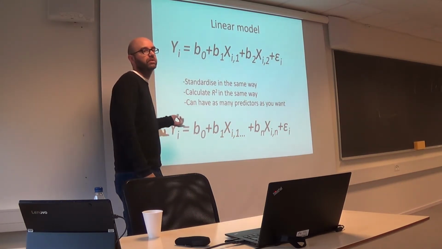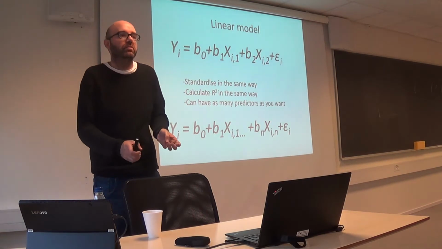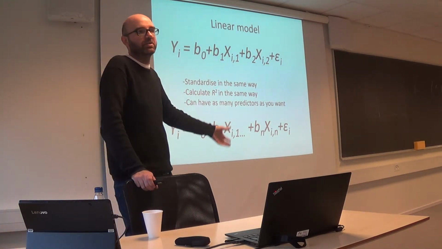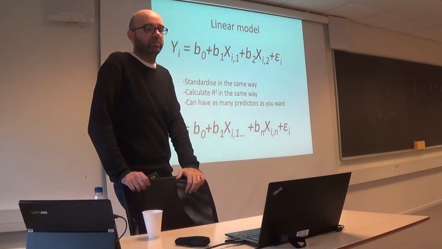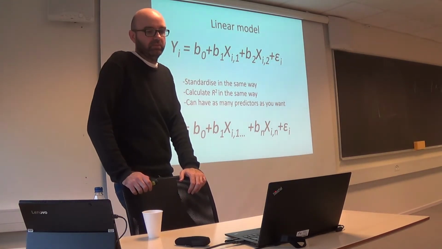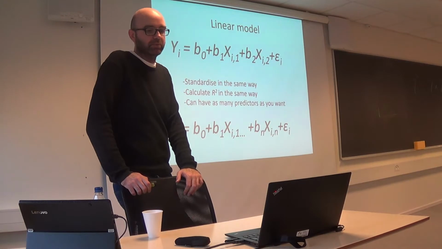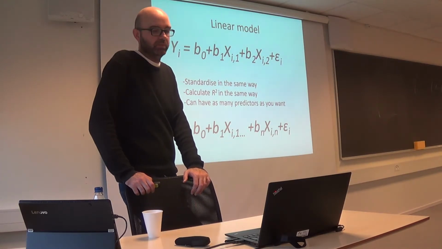So we've only got one outcome, it's univariate. So here, all of this is univariate stuff. But this generalizes also to the multivariate case. Okay? So that's multiple regression, multiple linear regression.